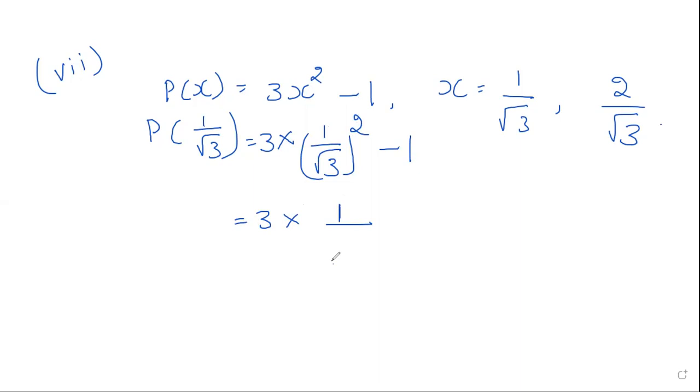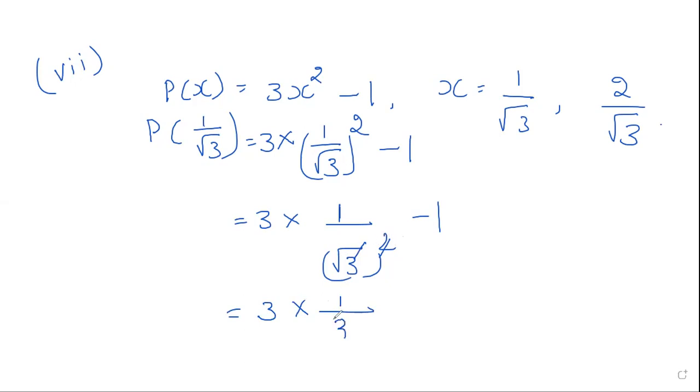Can I write it like this, root 3 square? Yes. Okay. So the square applies to both the numerator and the denominator, right? So we write 1 square, and next to it, root 3 square. Here the 2 cancels with the square root. You know this, right? 3 into 1 by 3, square and square root cancel.